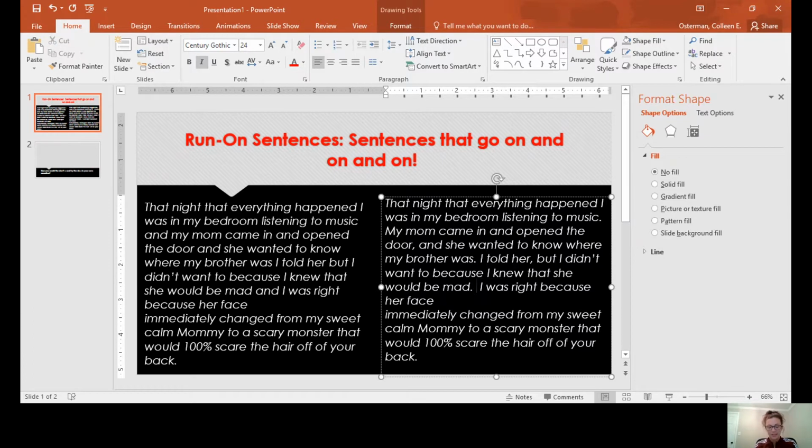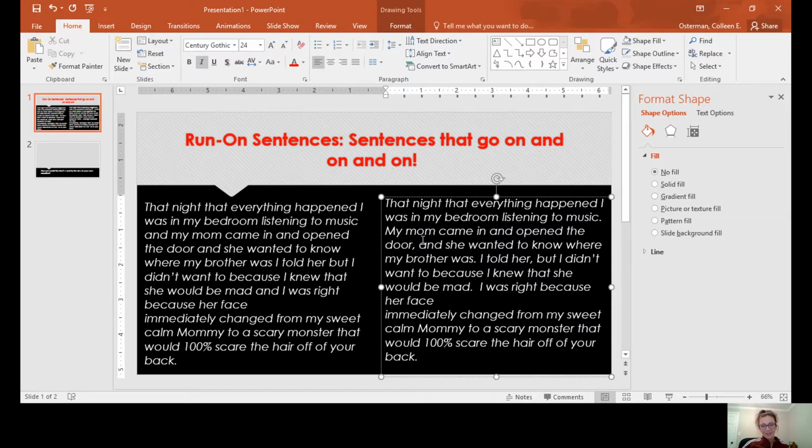I was right because her face immediately changed from my sweet, calm mommy to a scary monster that would 100% scare the hair off of your back. Okay, now let's see if I have to take a dying breath because my sentence is so flippin' long. That night that everything happened, I was in my bedroom listening to music.